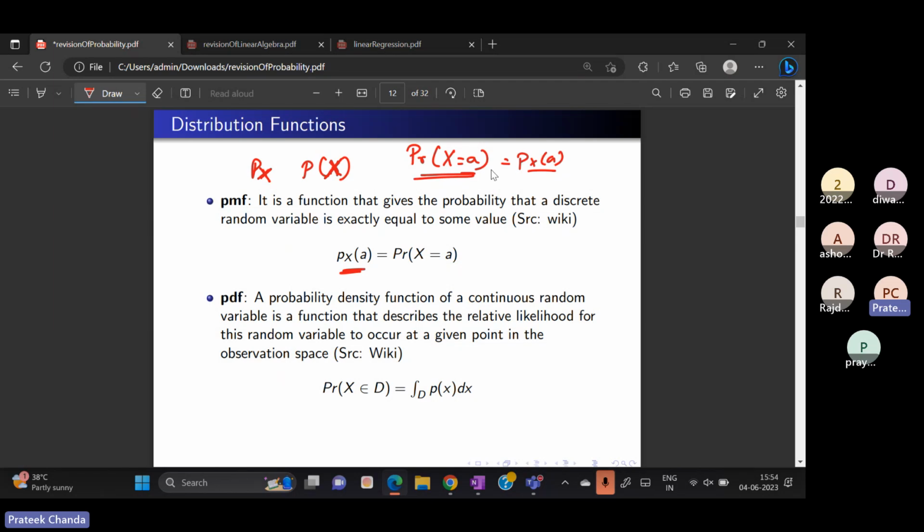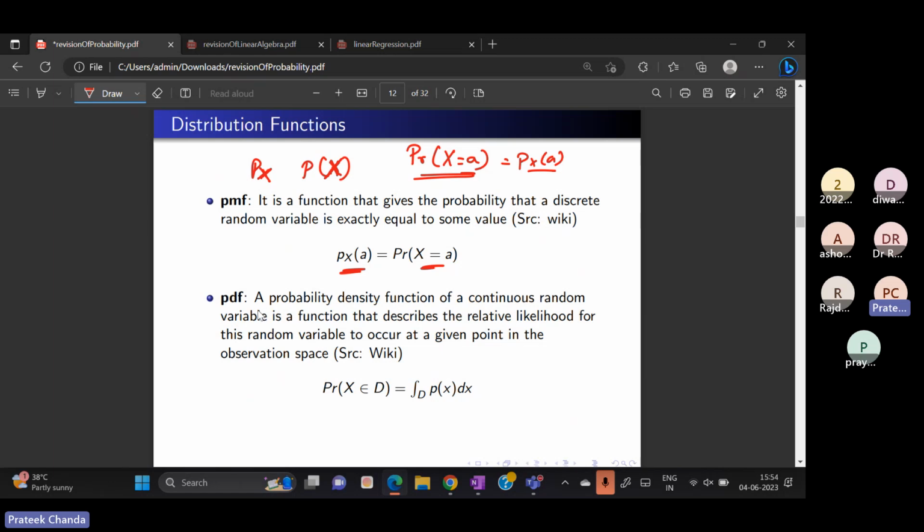So the probability that the random variable X takes on value a, I can call it a PMF, as a function sort of.